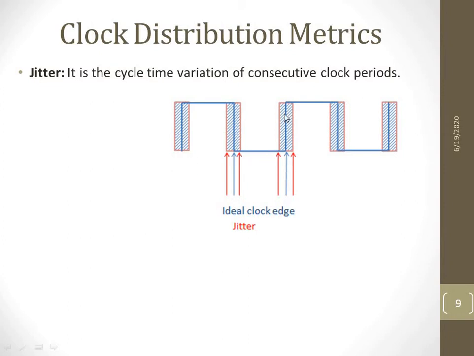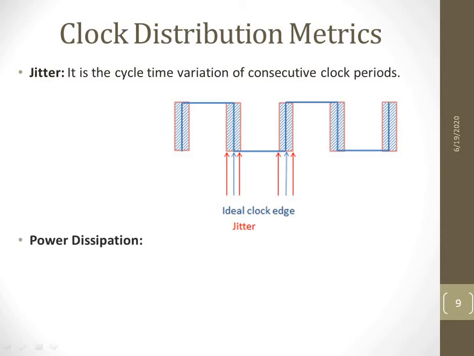Anytime it can take. The brown lines shown here indicate the variation in the clock cycle. At one cycle it may be the actual clock, the next cycle it may be a variation of this one. So this change in variation with respect to the ideal one results in clock jitter.